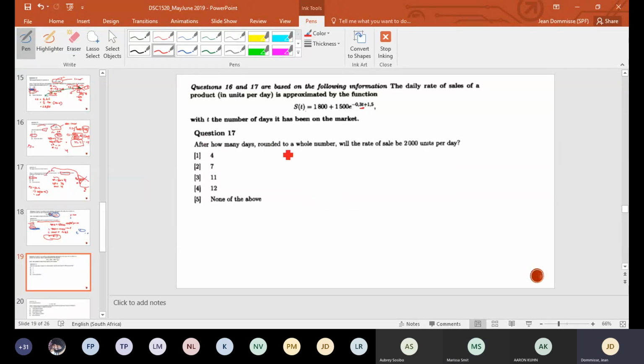We need to find, after how many days, rounded to a whole number, will the rate of sale be 2,000 units?